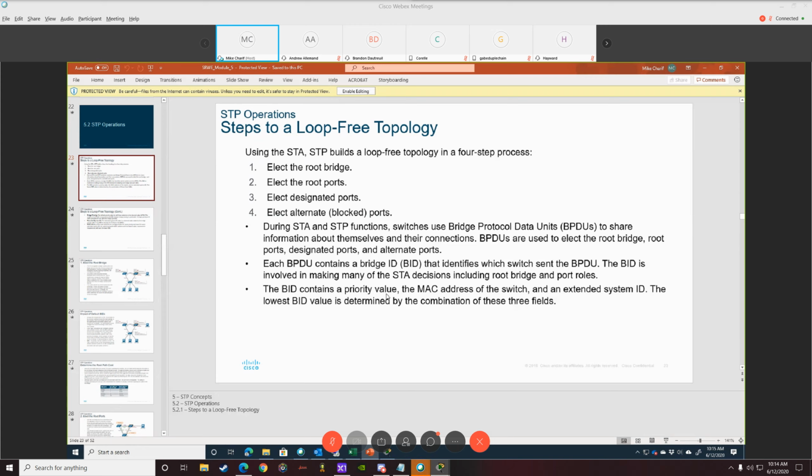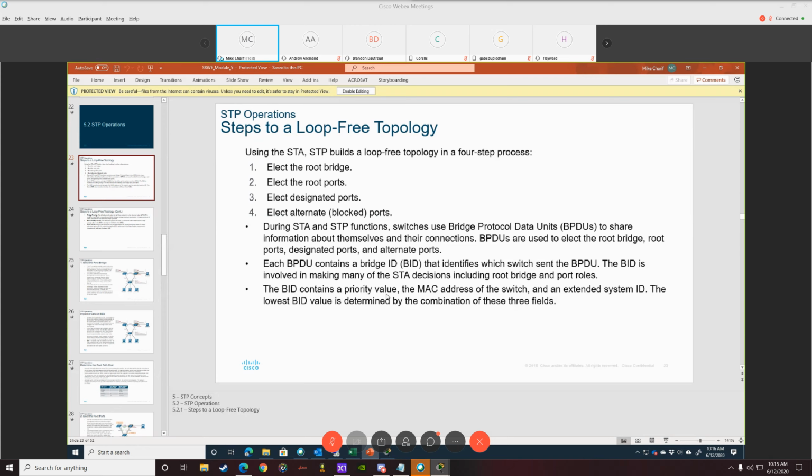Then the MAC address of the switch. So the switch that has the lower priority value and lower MAC address, that's the switch that's going to be what? The root bridge. Well, I just said by default all these switches have an equal priority value.